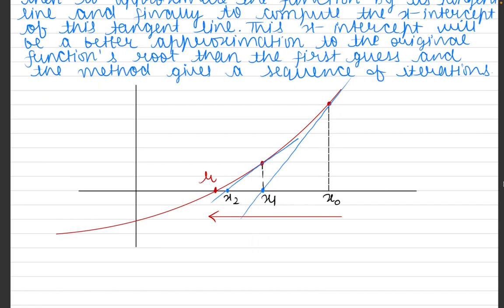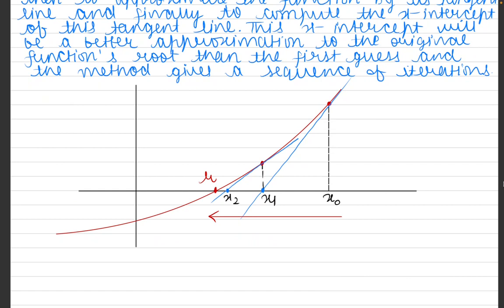It intersects at x2, let's say. So you see, this is the root r, and you are moving in this direction, and eventually you will go to the original root r, and that is precisely the idea of the Newton-Raphson method. We'll see some derivation of it in the next class, but let us see what we have done today before finishing.